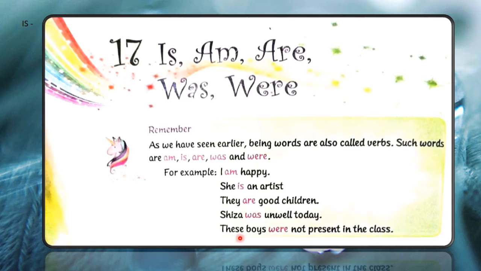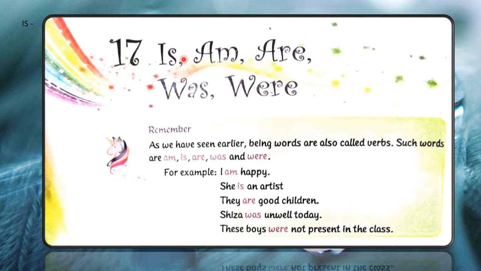Now here boys is plural. For plural noun and pronoun we are going to use were. And were is used when we talk about something which happened already, that is in the past. Okay, so these are some examples.